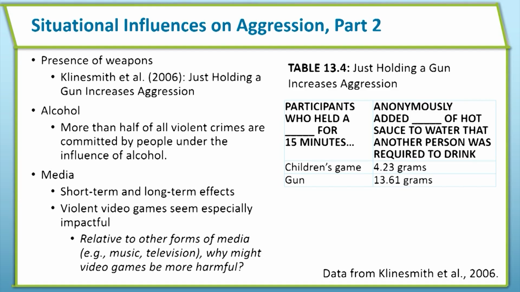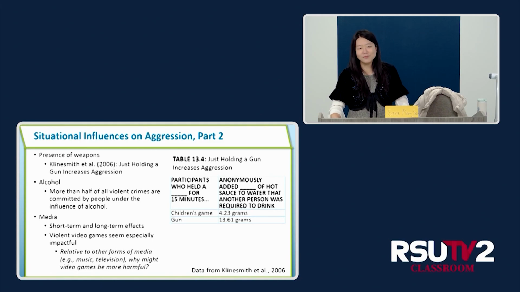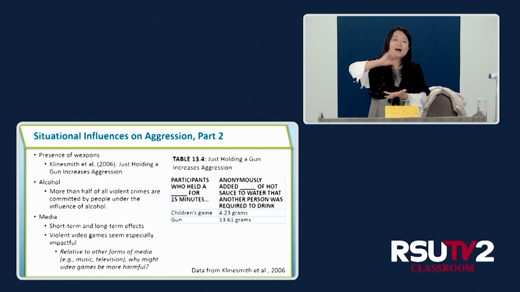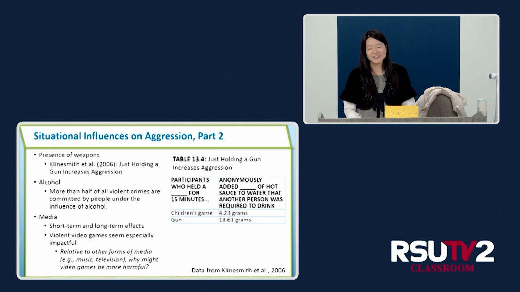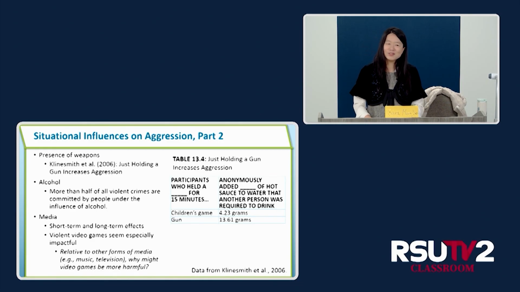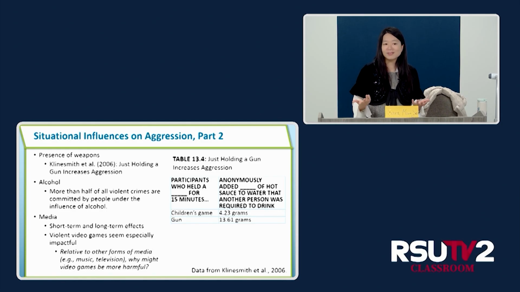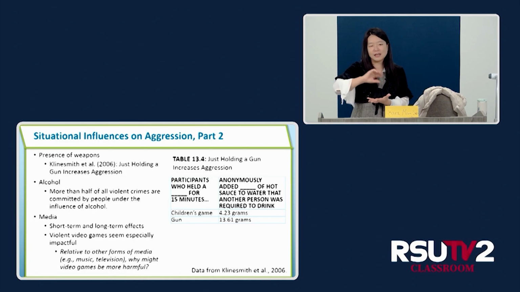So when you hold the children's toy versus a gun, guess what? If you hold a gun, you put more hot sauce in the drink for the anonymous person. Does that make sense? Even just touching and holding a gun versus a children's game or toy may make some difference, putting more aggressive behavior, putting more hot sauce to ruin that drink.